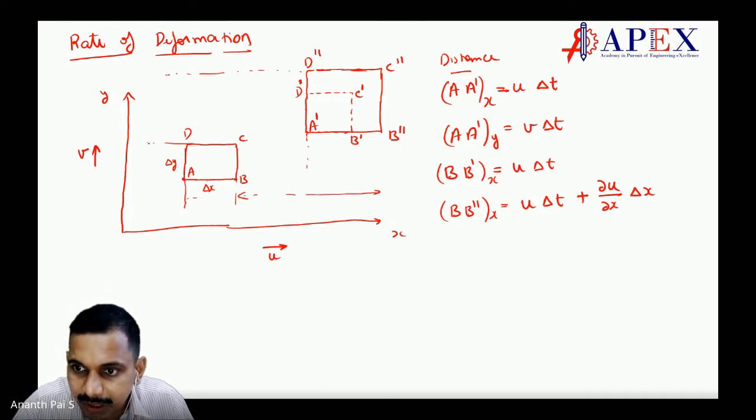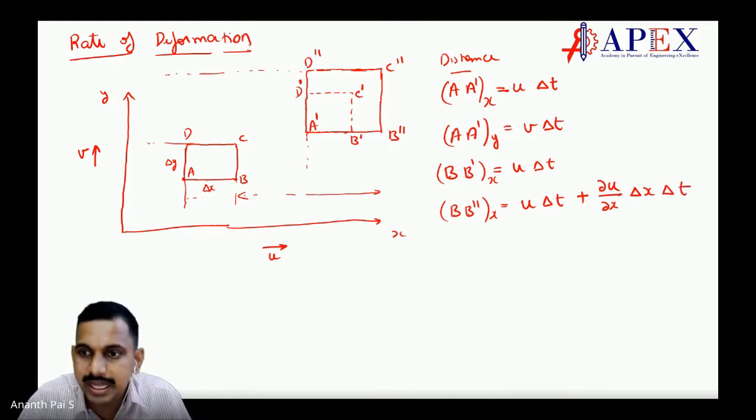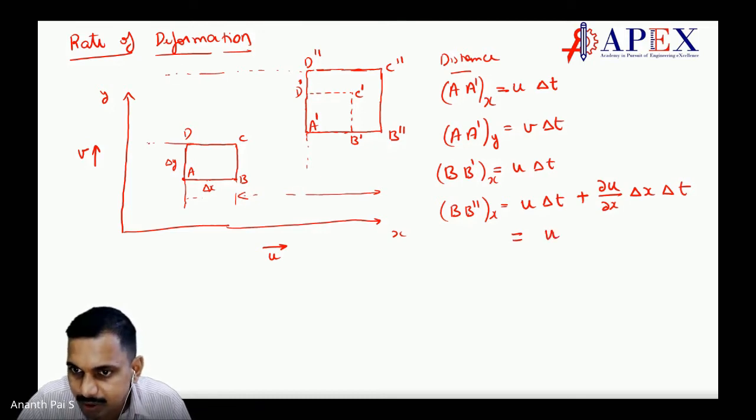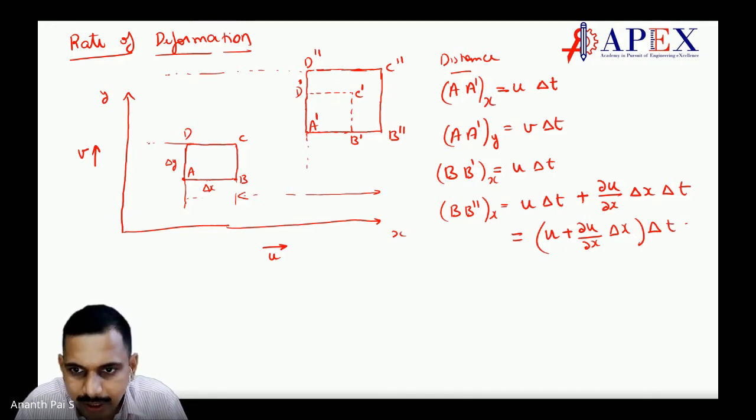So this would be dou u by dou x into delta x and delta t. Agreed, students? Correct. So that would be my B double dash. I hope it is clear. So it is u plus dou u by dou x into delta x, into delta t. Agreed, students? Easy. Similar way, if I consider, say, D to D double dash, other things we will not worry.